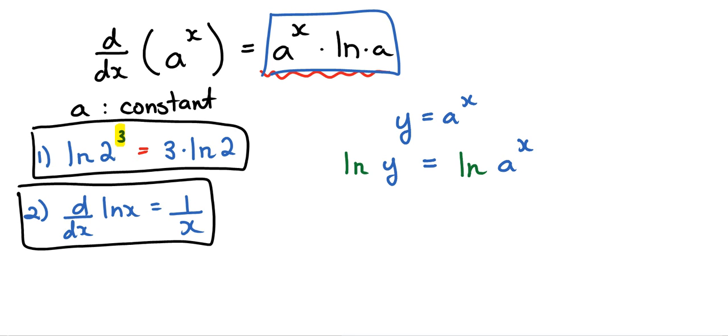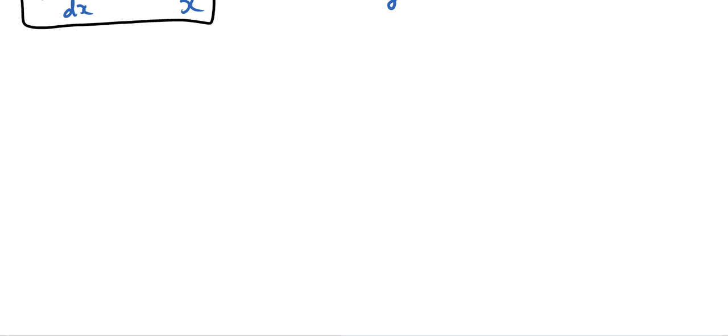So moving forward, this will be ln y, and if I use this rule here highlighted in yellow, I can bring this exponent down to the front, so that's going to be x times ln a.